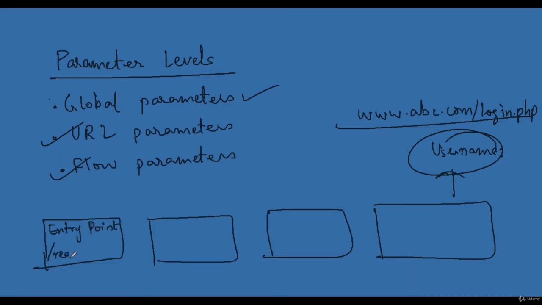Let's say you click register.php, and from here you are using the HTTP protocol, you generate a specific request using the POST method, and you try to navigate to cell.php. So your flow is important in this kind of parameter.